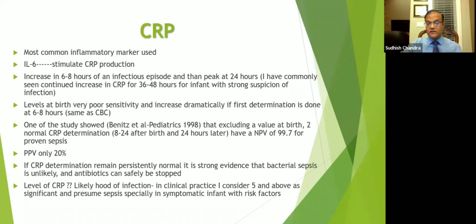The other one is the CRP. And I know CRP has more questions, and we all know this is an acute phase reactant. There have been other markers like interleukin 6, interleukin 8, procalcitonin, and all those things that have been studied. Procalcitonin is the one which has been studied more extensively compared to the others.